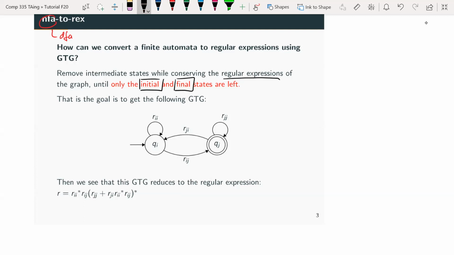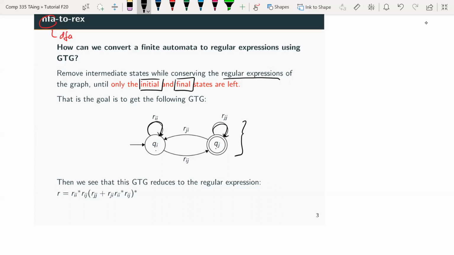So the goal that you're going towards in this algorithm is you want to get something that looks like this, okay, where you have some regular expression that goes onto your initial state, the same thing on your final state, and you have transitions from Qi to Qj back and forth.